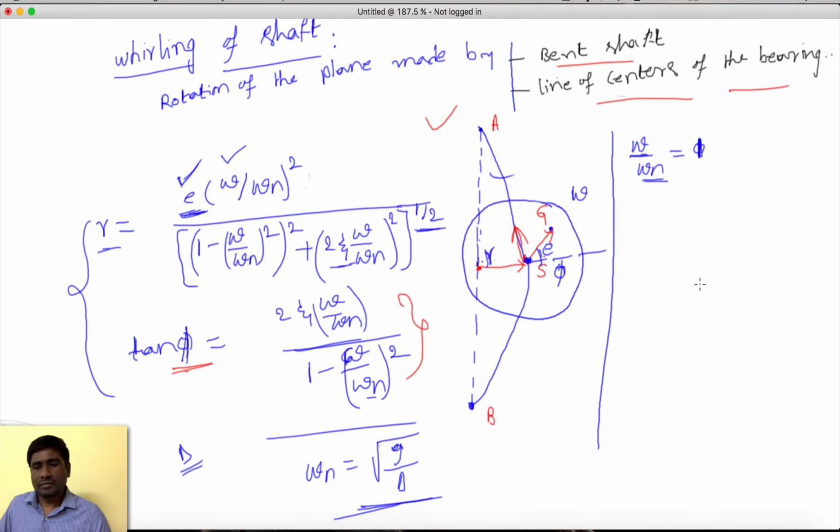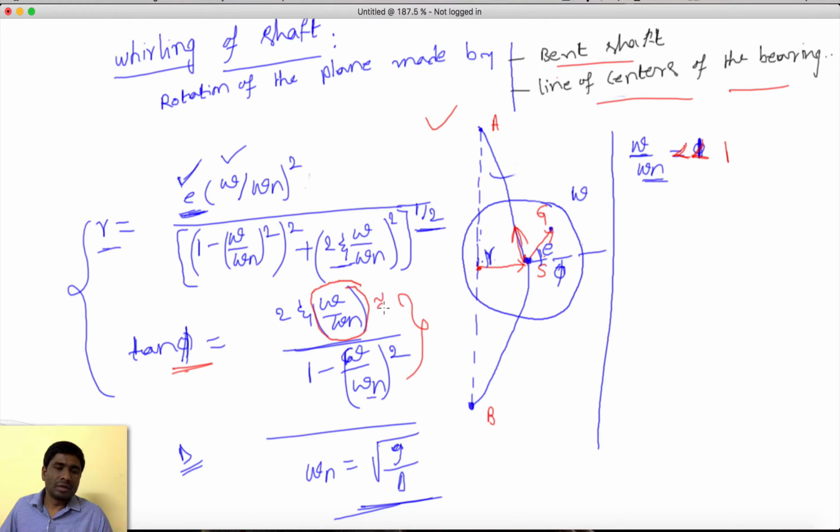So in this case, let's say this is a disc, and this is R. This is the geometrical center, and in this case, this is the R and this is the E. There is 90 degrees between these two. That means at this instant, when omega equal to omega n, these two are situated perpendicularly. So when omega by omega n is very much less than 1, this denominator term can be neglected.